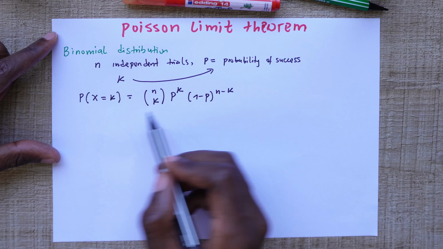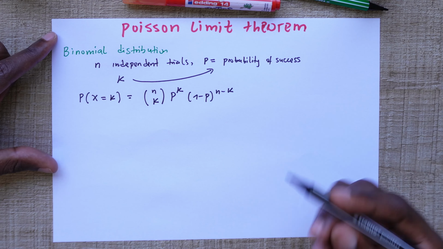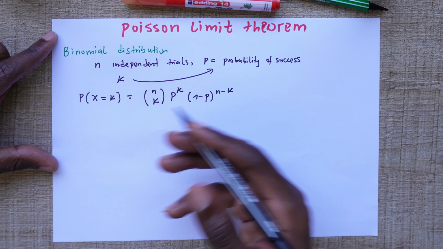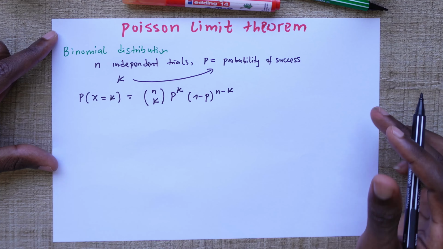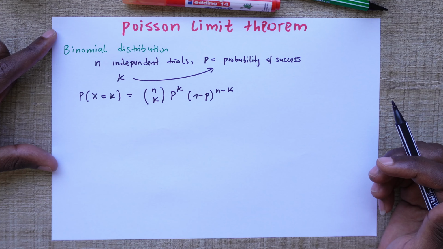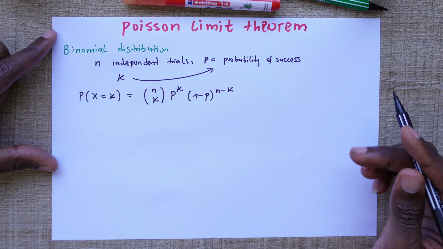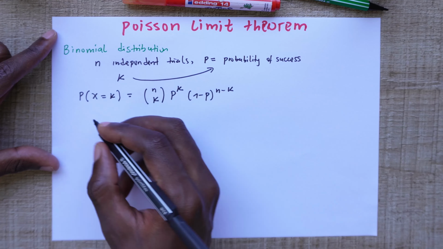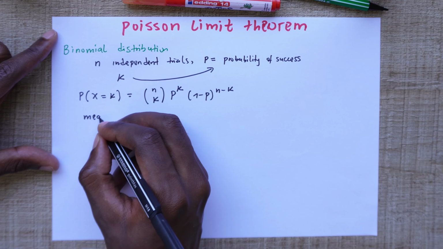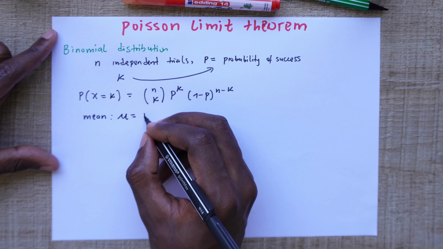What's important to note about this binomial distribution is the mean and the variance. The mean is the expected value or the average value that you can get if you perform a set of trials or a set of experiments or a set of realizations, if you prefer. So the mean of a binomial distribution, usually denoted mu, is given by np.